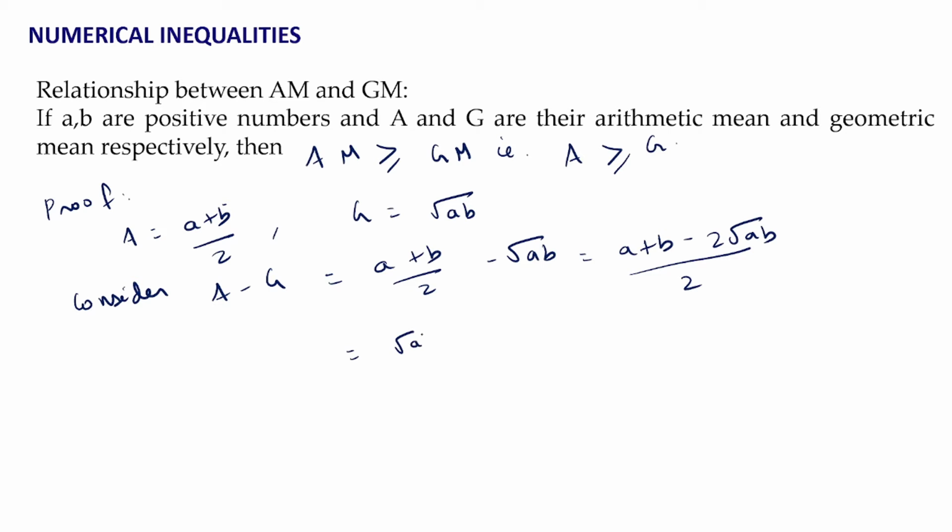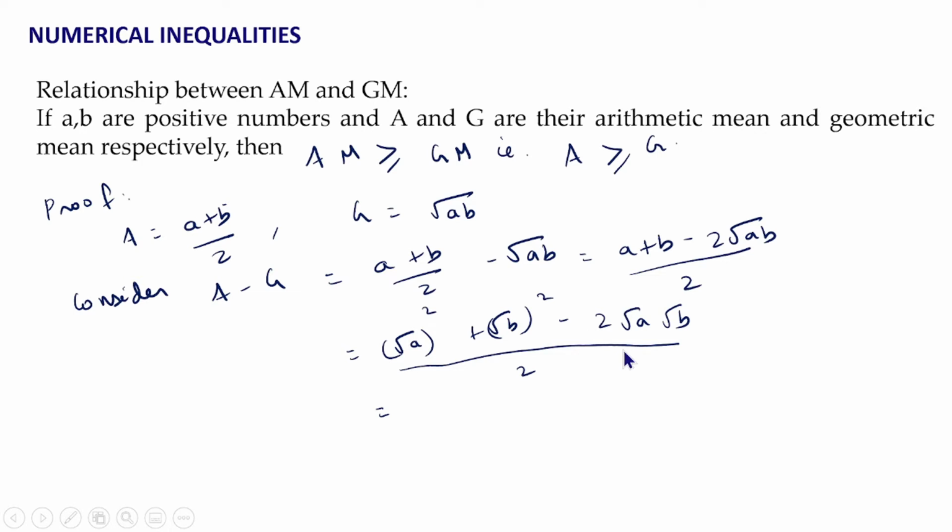Or this is equal to (root A)² plus (root B)² minus 2 root A root B, upon 2. This is of the form a² plus b² minus 2ab, so it is (a minus b)², where a is root A and b is root B. So this equals (root A minus root B)² upon 2.